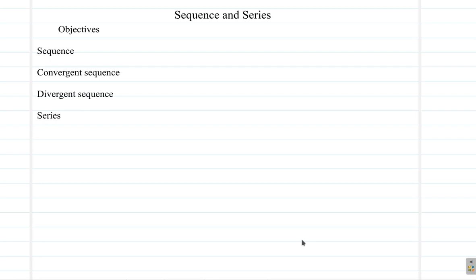Now, the question is, what is a sequence? Well, my way of putting it is that a sequence is a set of numbers where the number in a certain position is generated by a certain rule, a certain formula, a certain equation.